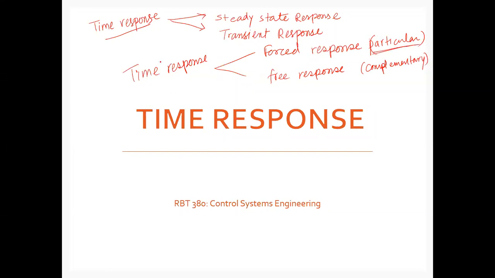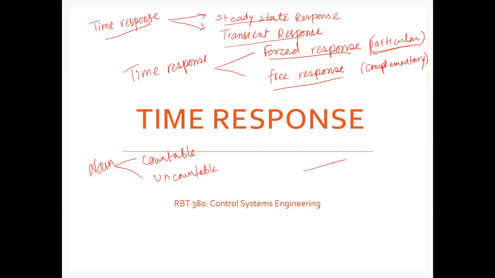It depends on how you see the problem, right? Sometimes you see there are two kinds of response, steady state and transient response. Sometimes you view this in this way. It's the way you see the problem, okay? Just like nouns. How many kinds of nouns are there? There are two kinds of noun, countable and uncountable.